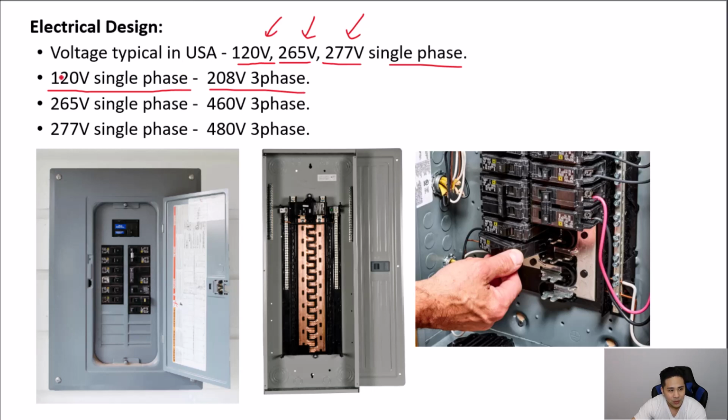And if you have two of these 120 volt single phases, you get a 208 volt single phase. So what you see down here, if each one of these was a 120 volts, then this would be considered a 208 volt single phase.